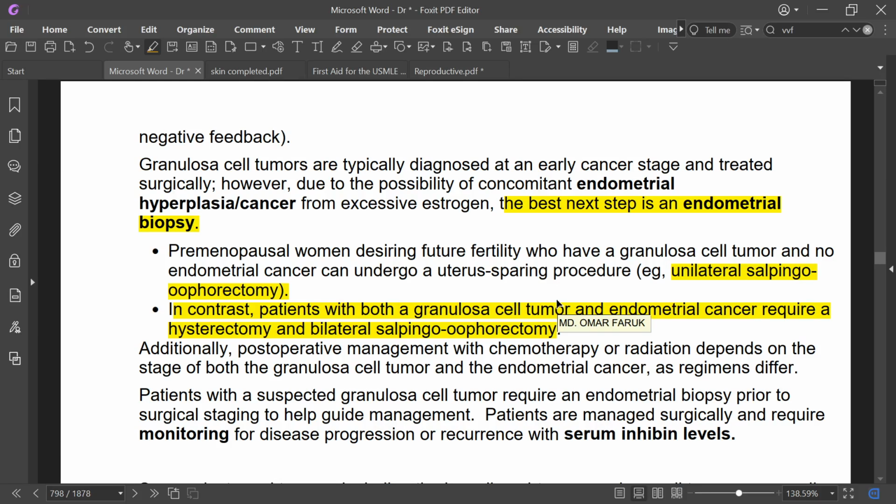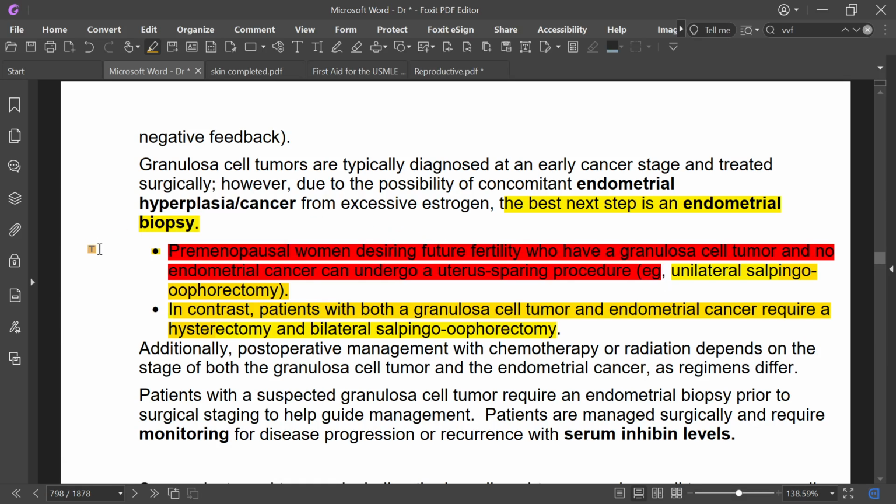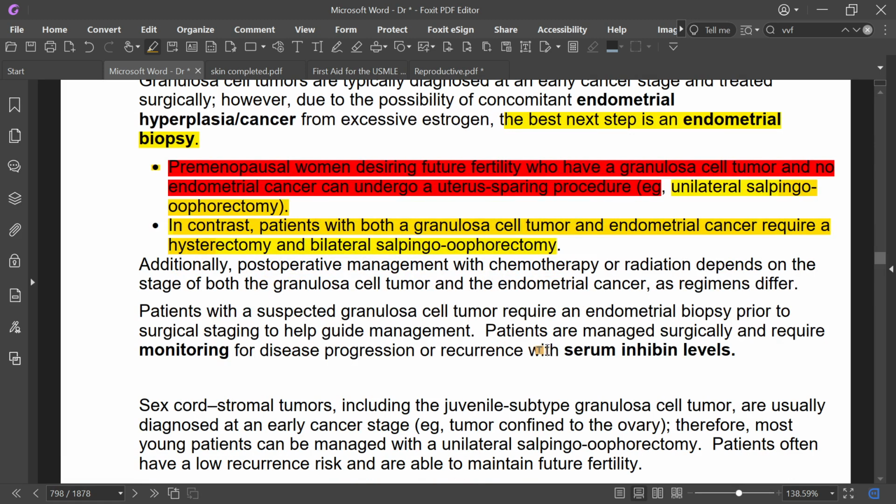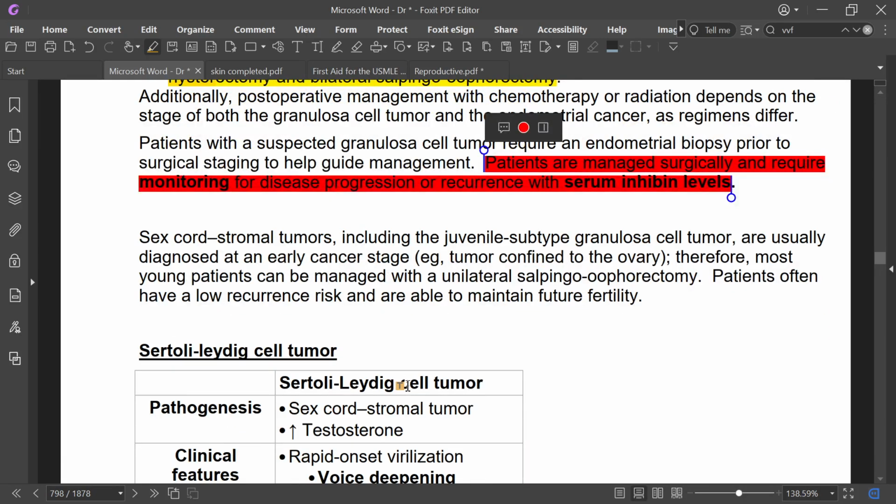Patients are managed surgically and require monitoring of disease progression; recurrence can be seen by checking the inhibin level.